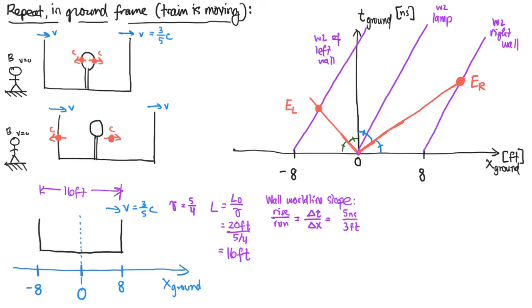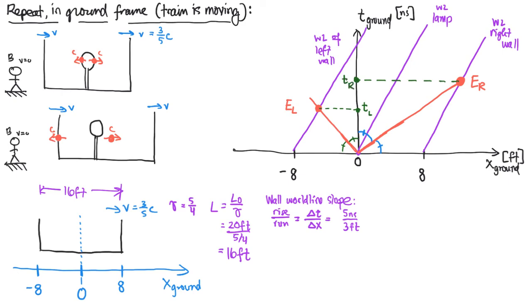So let's do that here. The time coordinate for EL is this coordinate, TL, that time. The time coordinate for ER, well, that is given by this point, TR.